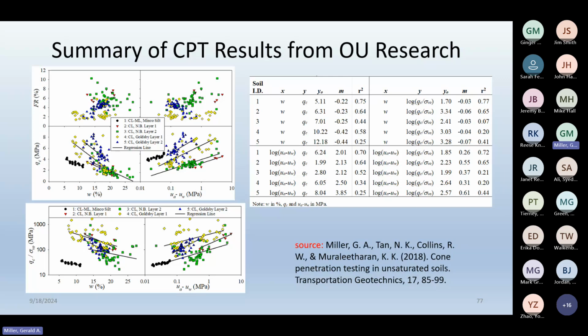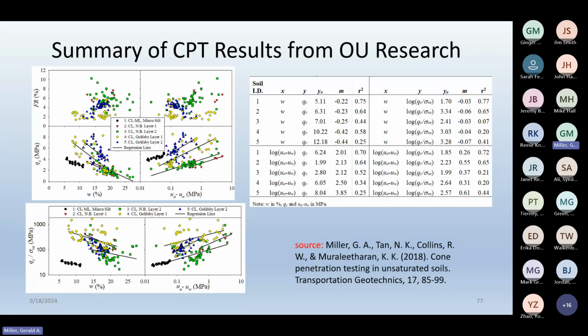This was a flexible wall calibration chamber, and Norman prepared soils to different water contents corresponding to different suctions, and then did CPT testing in that chamber. This summarizes the results of years of work with that chamber.